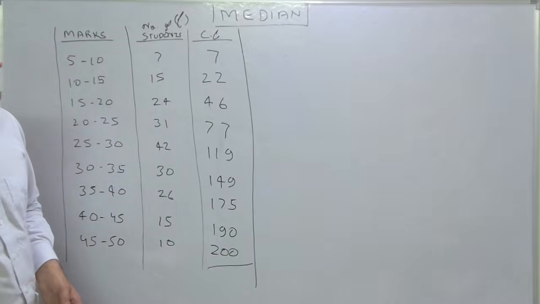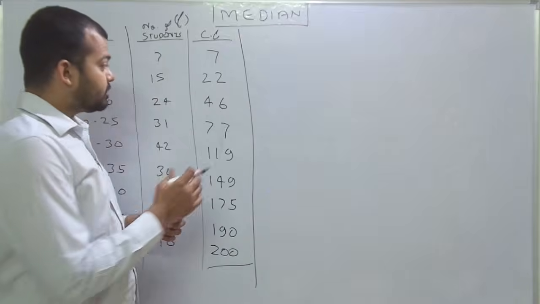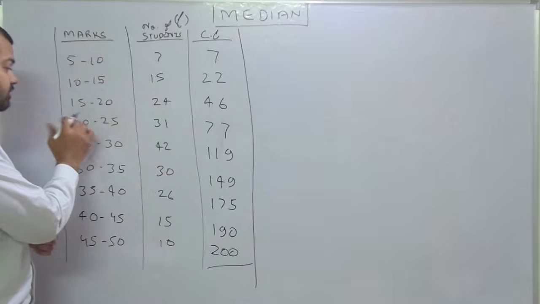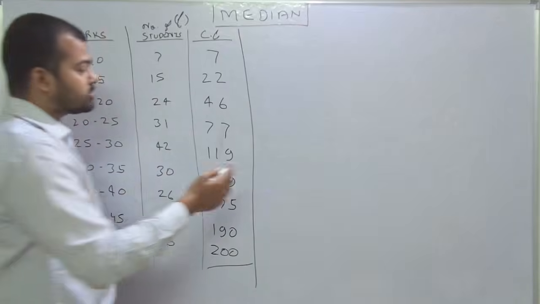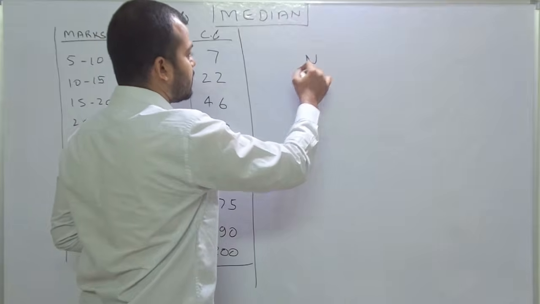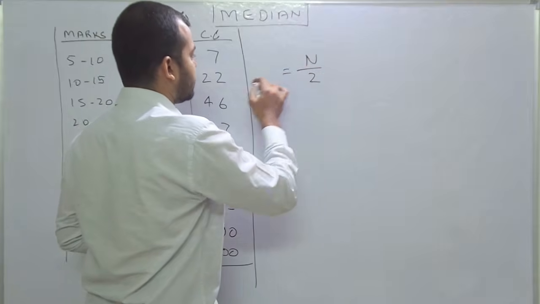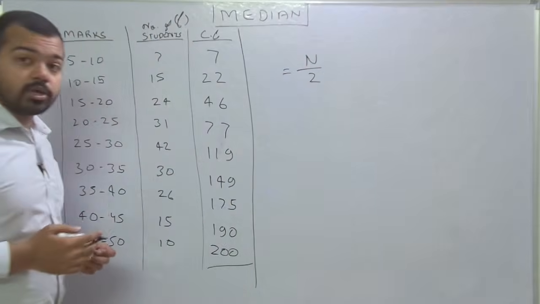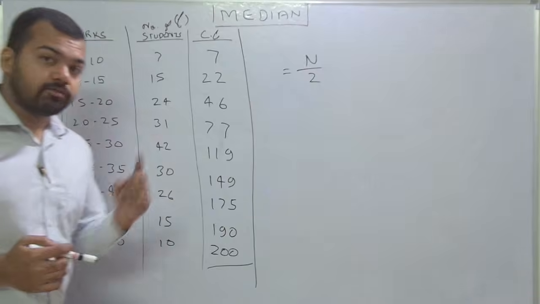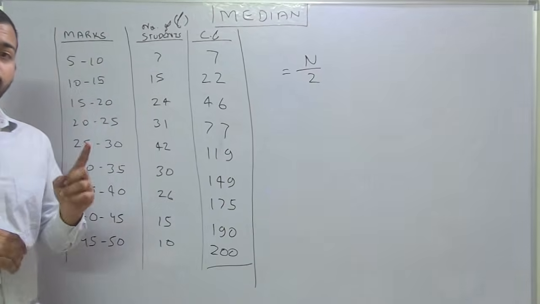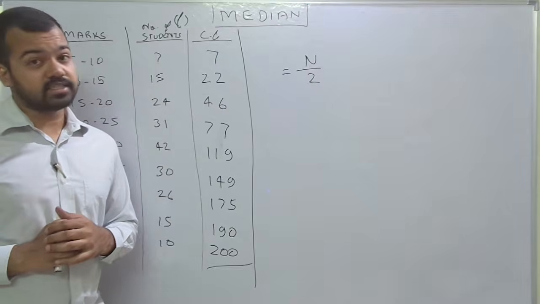Now the first step is to calculate the median class. It means where the median lies. In order to calculate this, you have to apply the formula n by 2. Here it is n by 2 because we do not add 1. We add 1 only in individual series and discrete series.